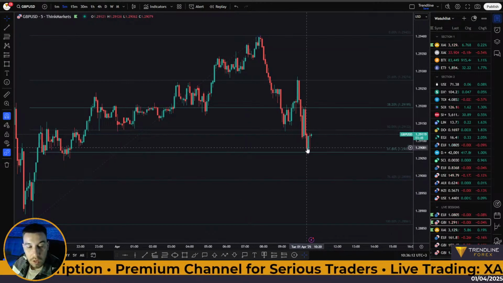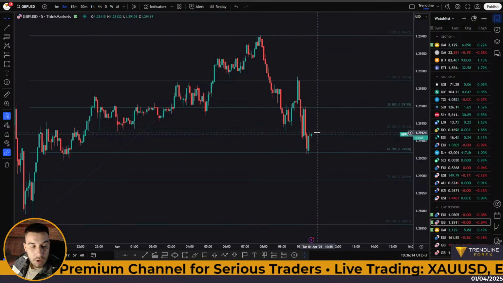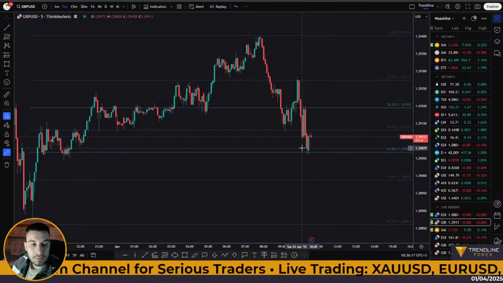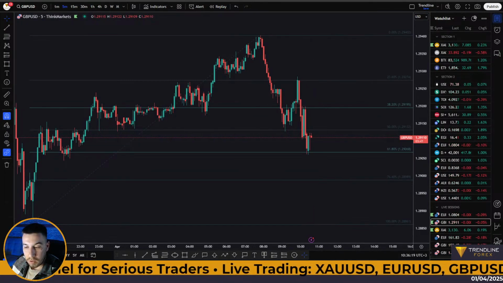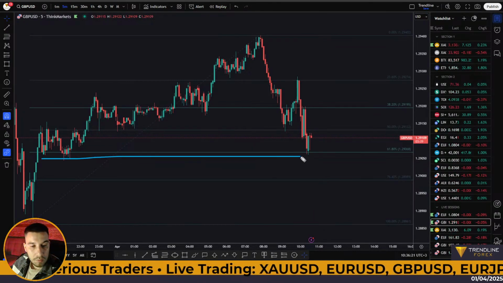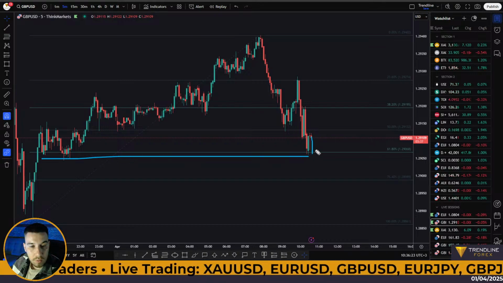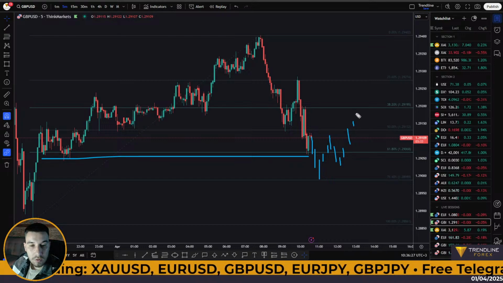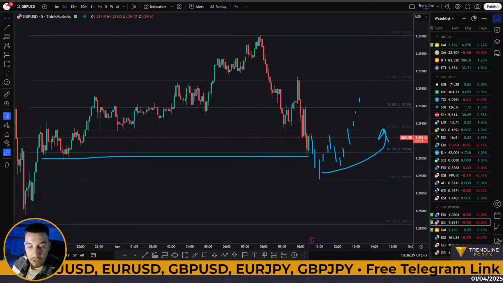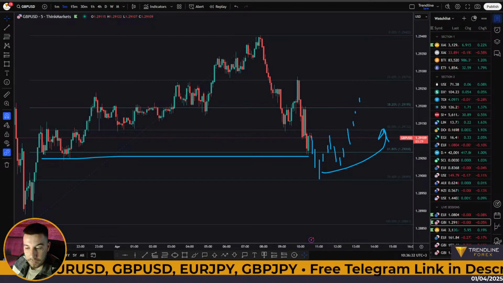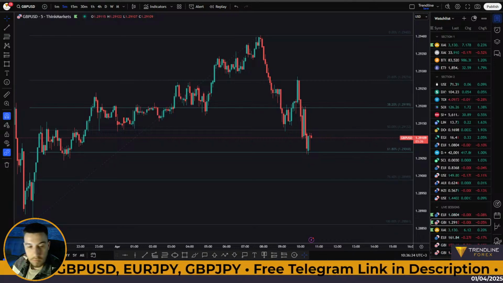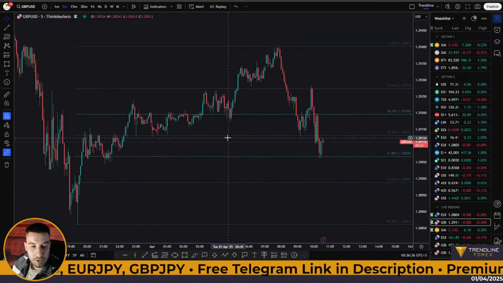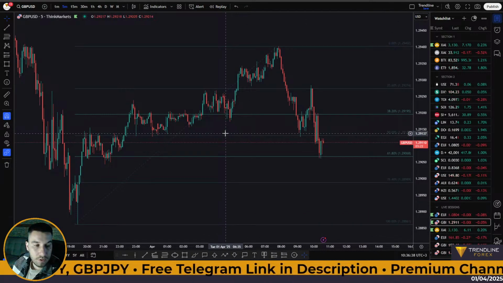Now we're still quite bearish, so I don't want to make an entry right now, okay? But looking at this, we could potentially do something like this and then get that reversal and go back to the upside. So let's see how it goes. Still within the first hour of the session.